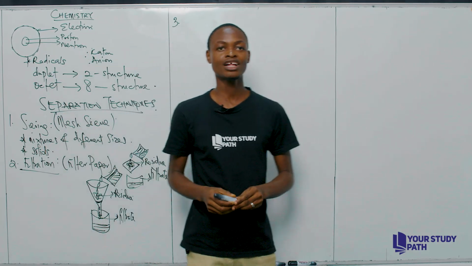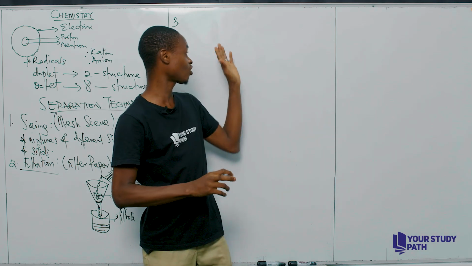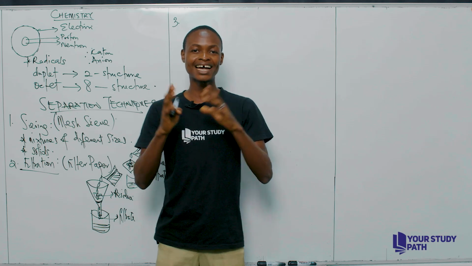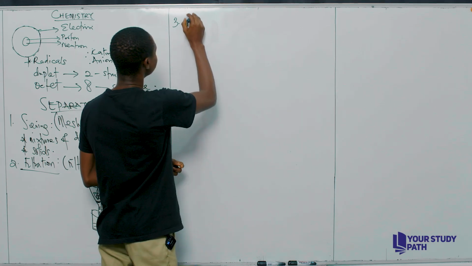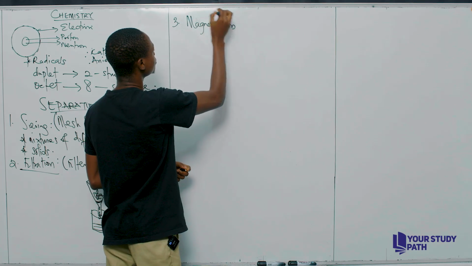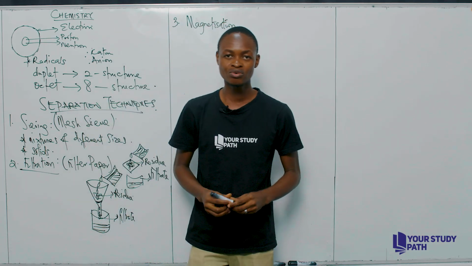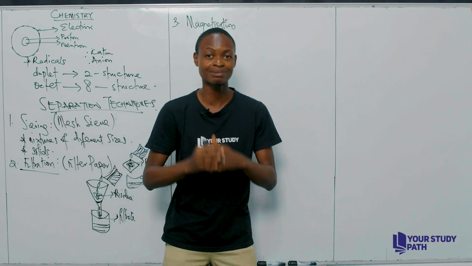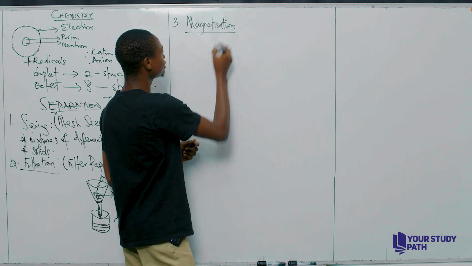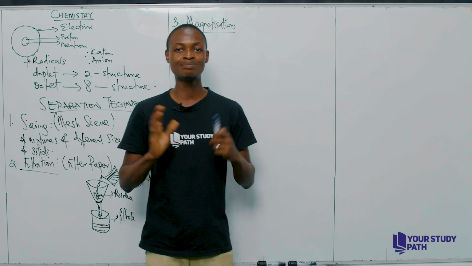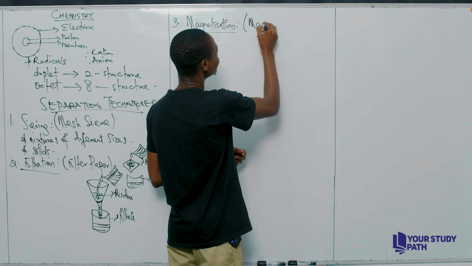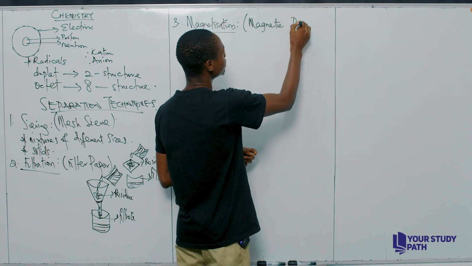Now, for our third separation technique, we are going to be using something very common, and that is the technique of magnetization. By the name itself, you know exactly what we are talking about. The major requirement for the magnetization process to work is the existence of the magnetic property.